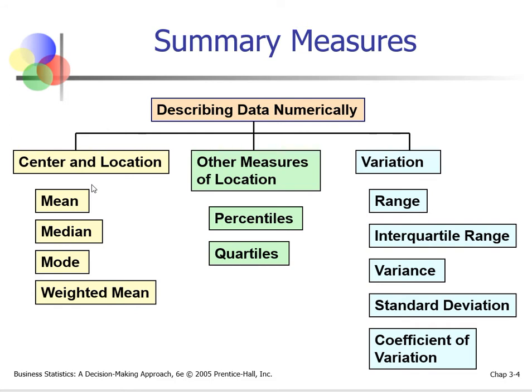Ang atong pasabot is mura siya maka-summarize sa tibuok dataset nimo wherein makita ka og something like overall na result, 'di ba, sa imong data nga nakalap. So, mo ni siya ang different ways in describing that. So, una ay center and location. So, kaning center and location, that is an effective way, no, nga ma-describe nimo imong data.